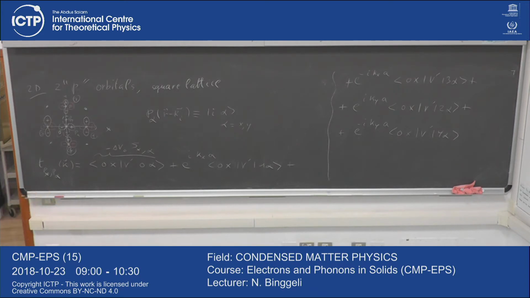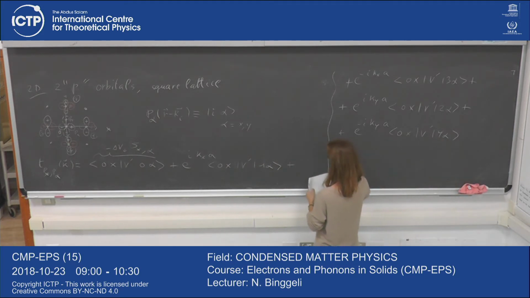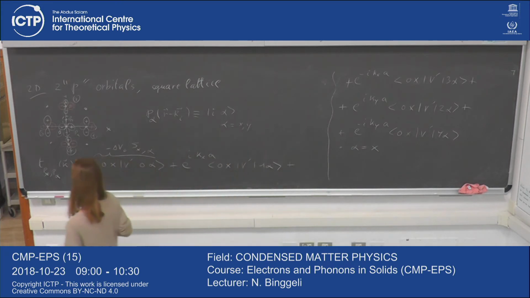Okay, so far? So this is in general, and now I'm going to look first at the case alpha equal to x. So here I want to evaluate the matrix element for alpha equal to x.